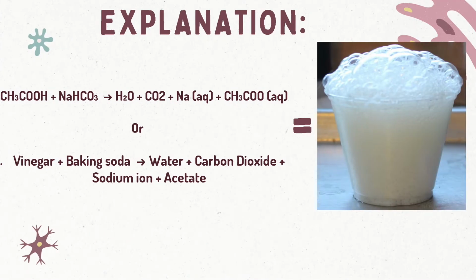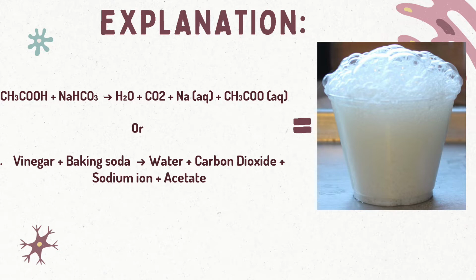When combined, the hydrogen atom in the acetic acid meets up with the hydrogen and oxygen atoms in the baking soda to form a molecule of water, while the acetate ion grabs onto the sodium atom and forms a salt, sodium acetate.